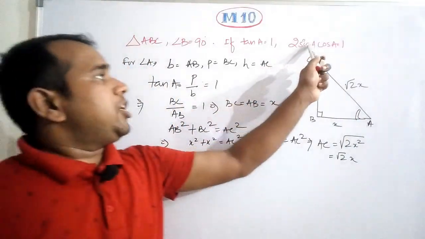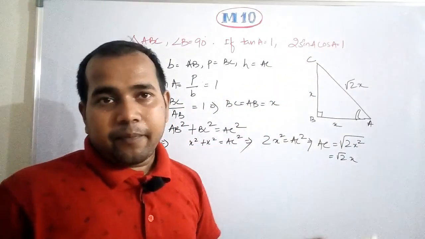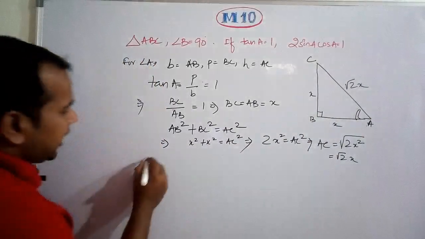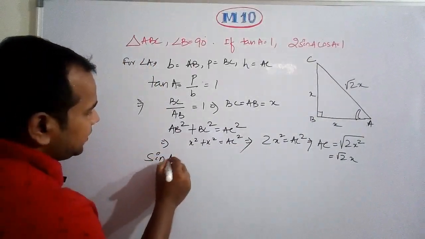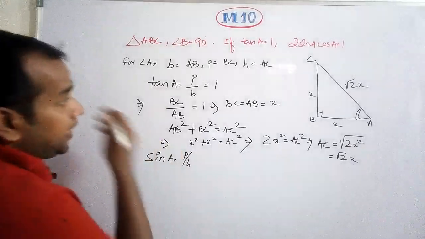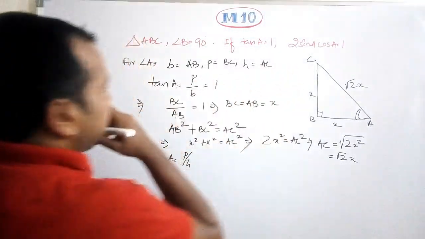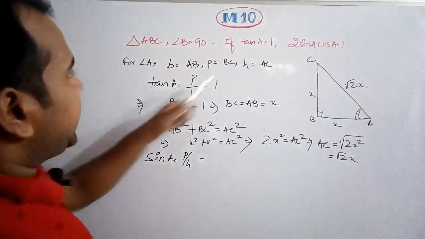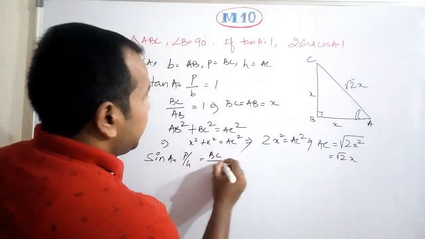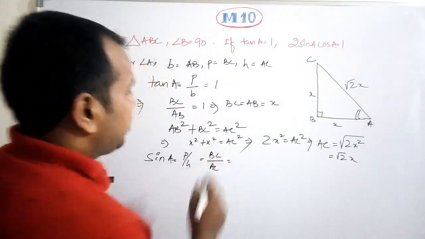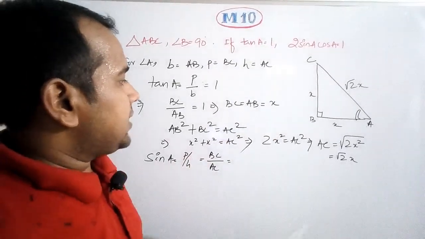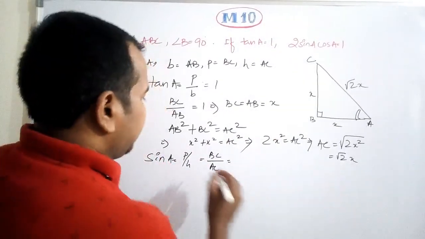Now see here, you need to get sin A and cos A. Now what is sin A? Sin A equals your P by H. So here P is BC divided by H equals AC. BC equals x, H equals root 2 x. Now put those values.